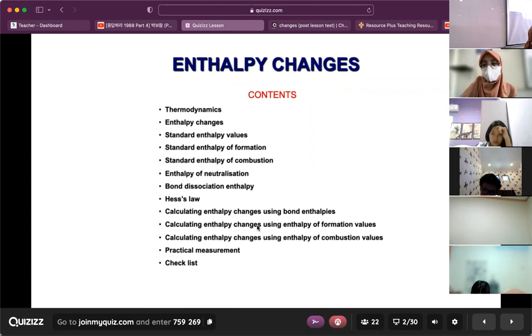For the practical measurement, usually we will use what is called calorimetry. Okay, and I already brought an example of the calorimetry, as you can see here.